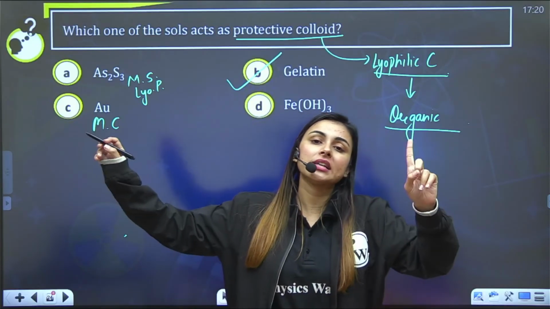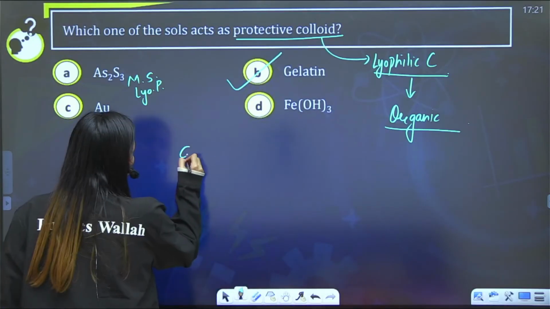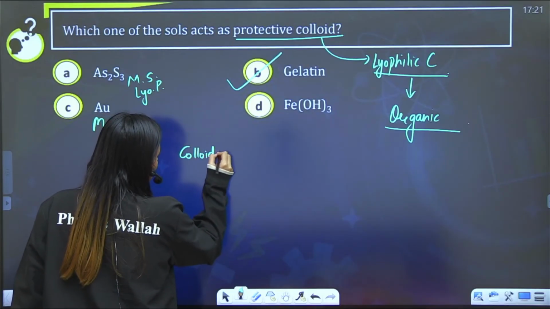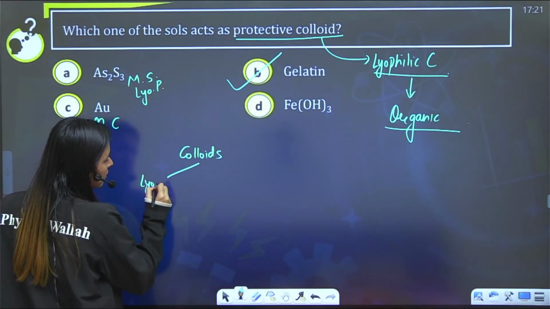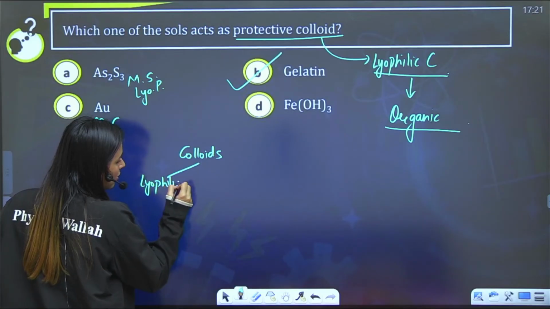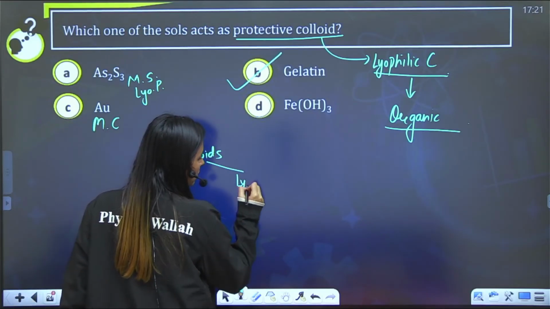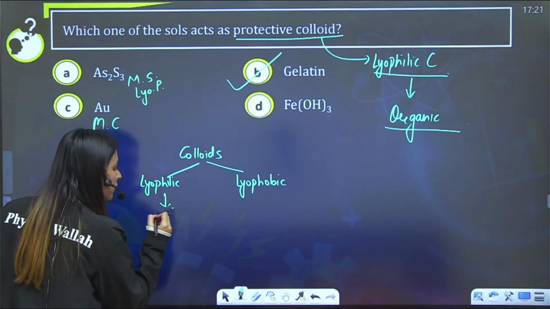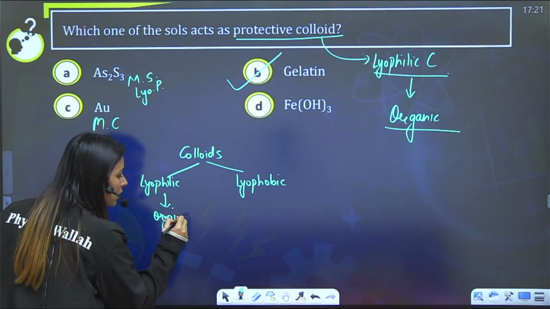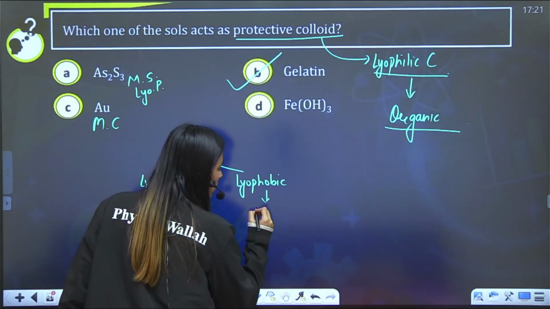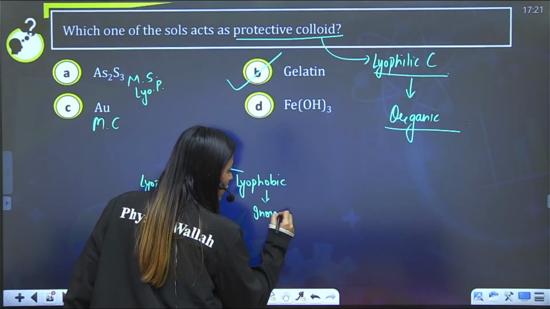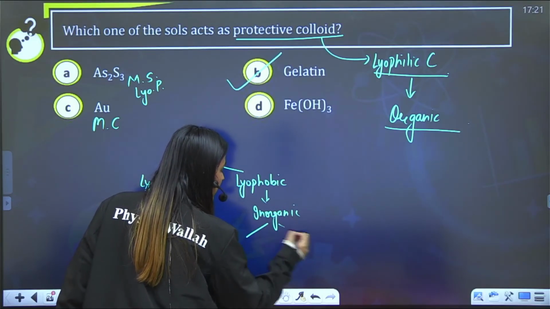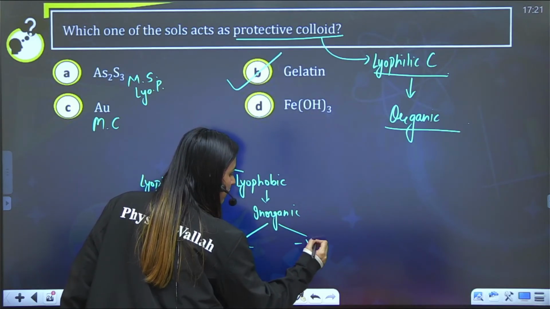I told you in the starting that you have colloids of two major types. Either they can be lyophilic or they can be lyophobic. Now these all will be organic and these will be inorganic. And in inorganic, these can be either positively charged or negatively charged.